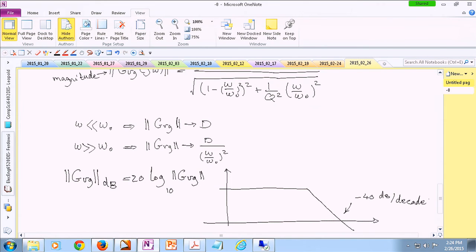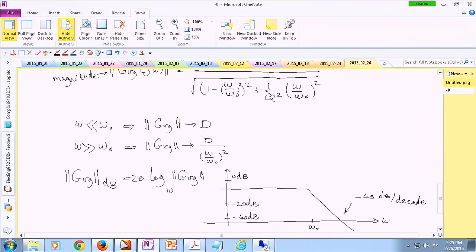Here we have 0 dB. And this is omega naught. That's why we call it the corner frequency, because there's an angle happening at that corner frequency. And remember, these two lines are just the asymptotes. They represent the extreme behavior of the system if omega is too small or too large.